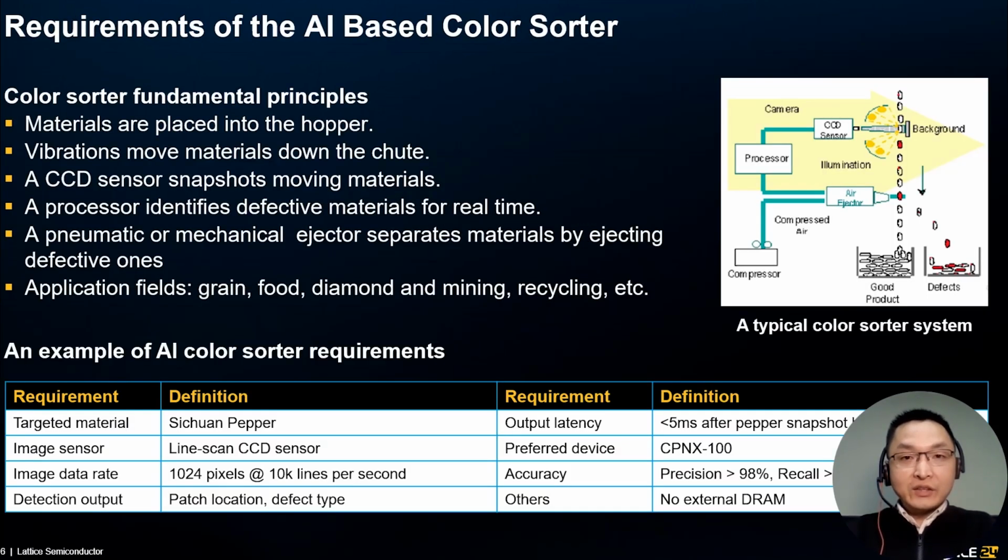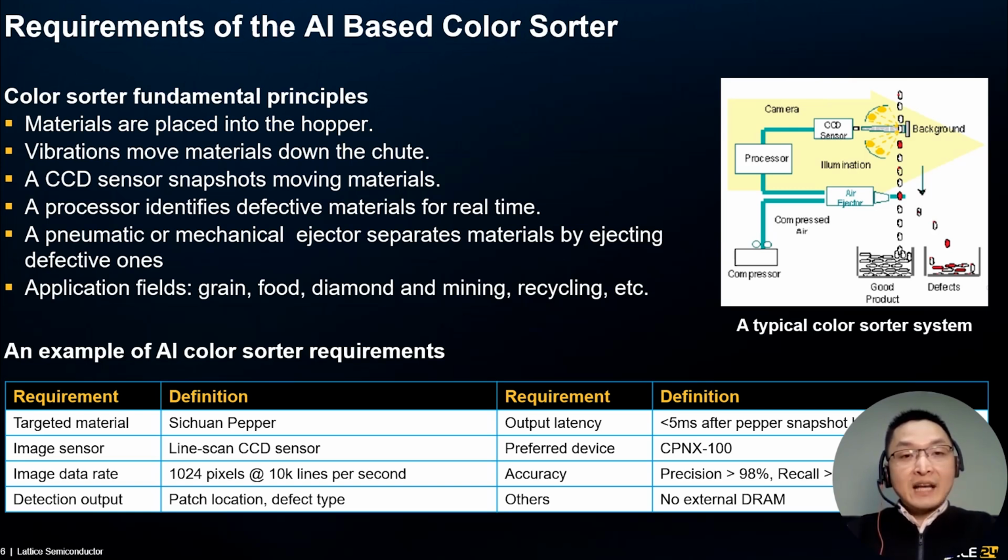In the following section, I am going to showcase some details about our design practice in the AI-based color sorter solution. This requirement comes from a customer who is in the color sorter machine industry. You can find the basic diagram of a typical color sorter system in this figure. The materials to be sorted will be falling down from the top to the bottom one by one.